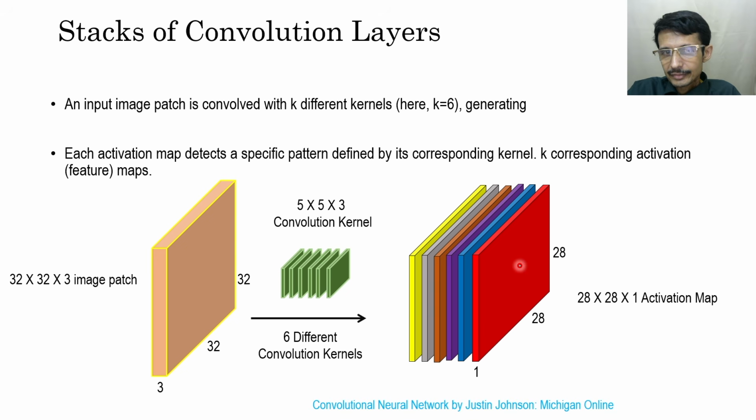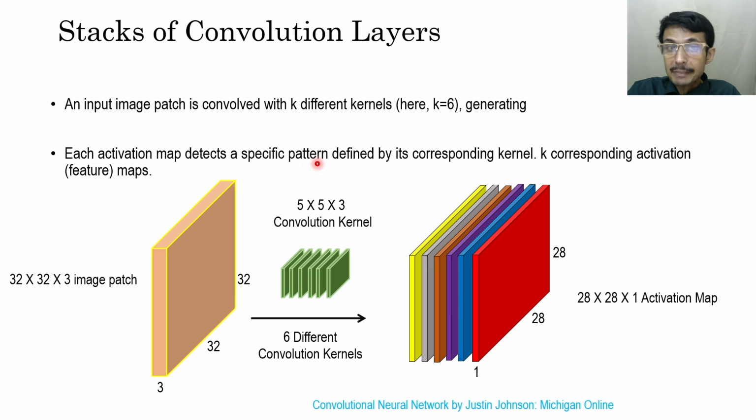Hypothetically, for our understanding, one kernel searches for vertical lines, one for horizontal lines, one for slanting lines, one for some sort of curve, and so on. The activations are similar for the others as well.